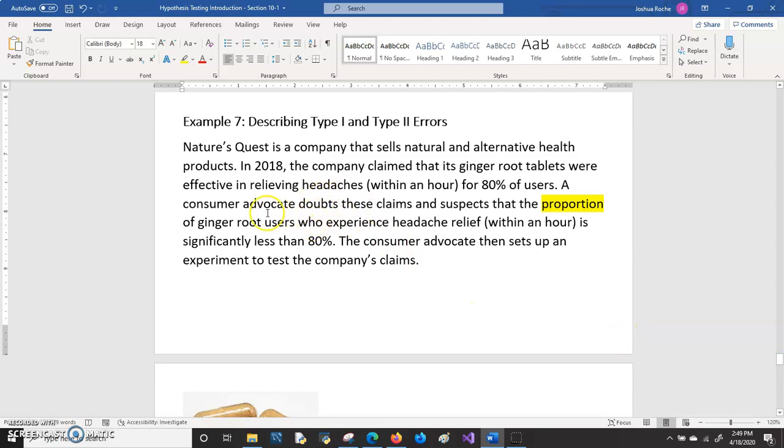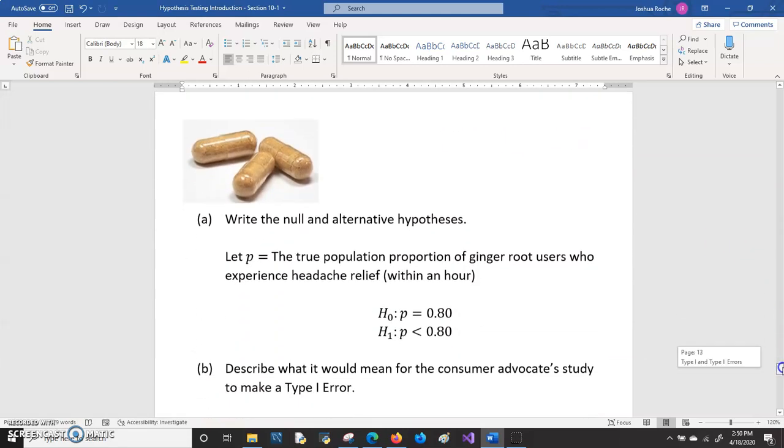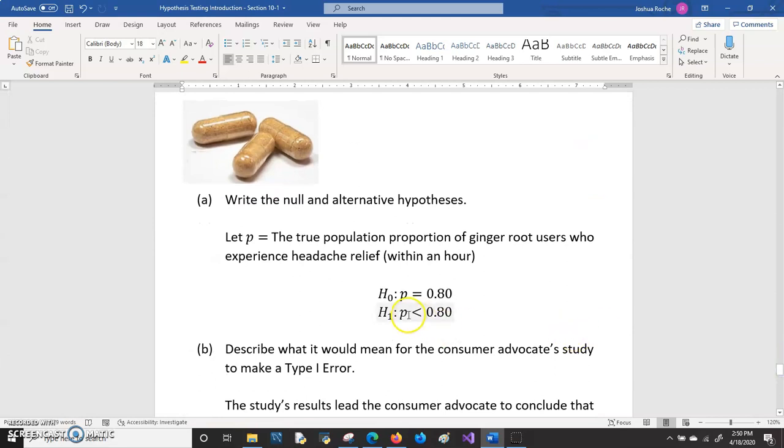The consumer advocate believes that this proportion is significantly less than 80%, less than what the company is claiming. And so in symbols, that would be that the true proportion who experience headache relief is less than the claim of the company, less than 80%. So here are the hypotheses.